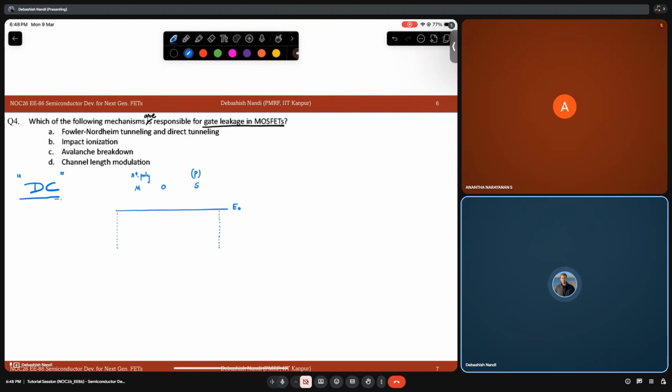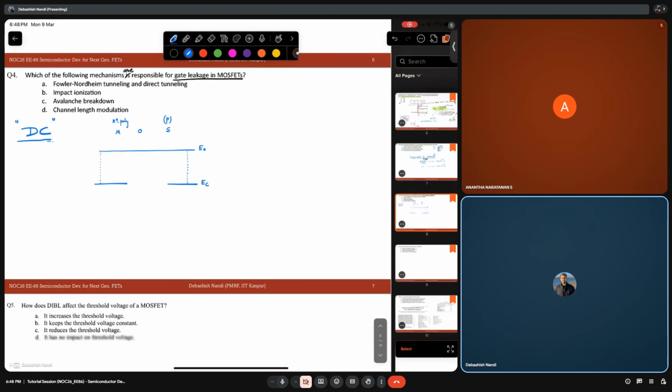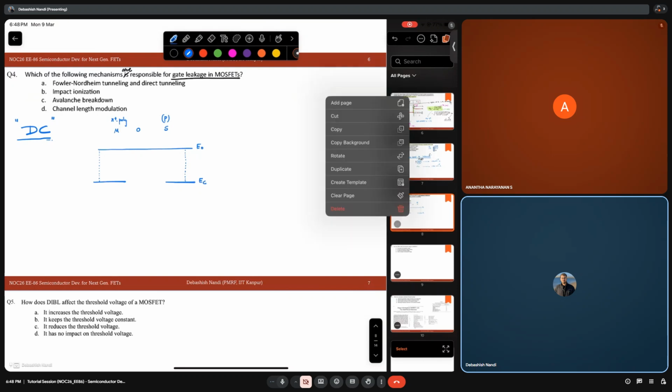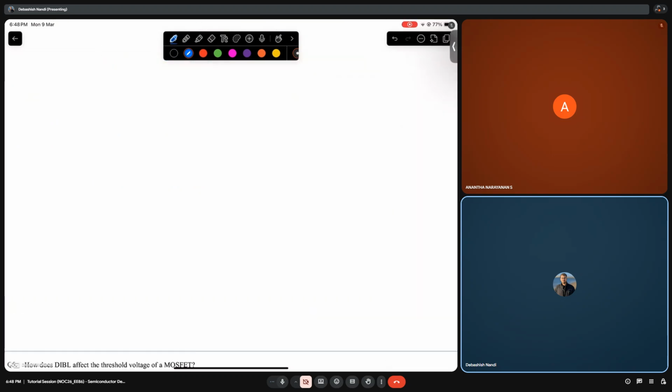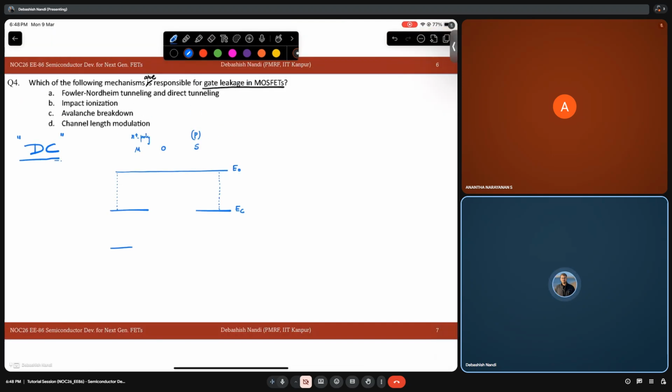Both will have, let's say, this is my EC, then this is my EV, because both are silicon. In this case, my Fermi level is here, EF, and in this case, my Fermi level is here, EF.